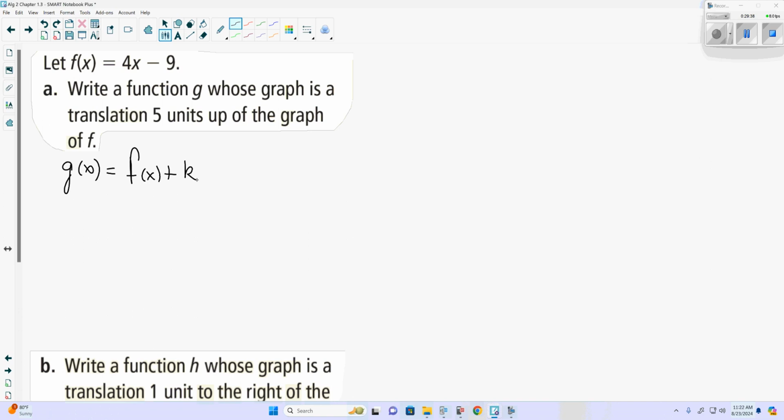Now, our value of k is going to be positive 5, because we're moving up. Since it's moving up, it's going to be plus 5.